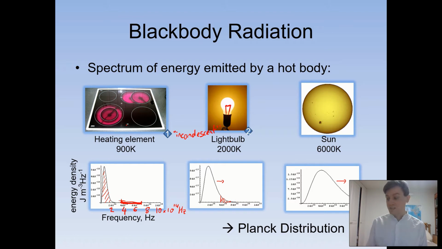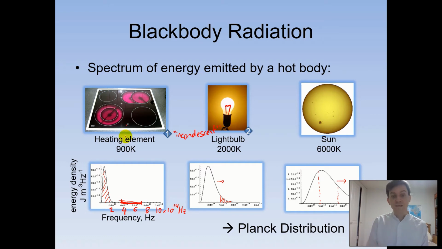This is one of the reasons why these light bulbs are not very good, because all of this energy here, which is the vast majority of the energy they emit, is in the form of infrared radiation, which we can't see. So they are very inefficient in terms of energy use, because the light that we get from them that we can use is only a tiny amount of the light that they actually emit. And then when we go to the sun, the entire visible spectrum is emitted quite strongly, and therefore the light from the sun appears to be more or less white.